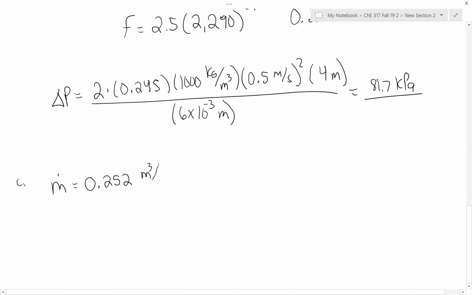Now the plate spacing was about 3 times 10 to the minus 3 meters. And that means that our channel width is probably going to be about half that, which means that our channel width is about 1.5 times 10 to the minus 3 meters.